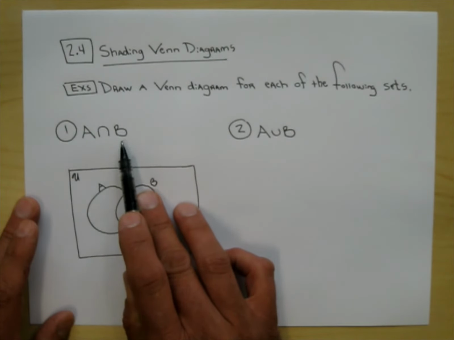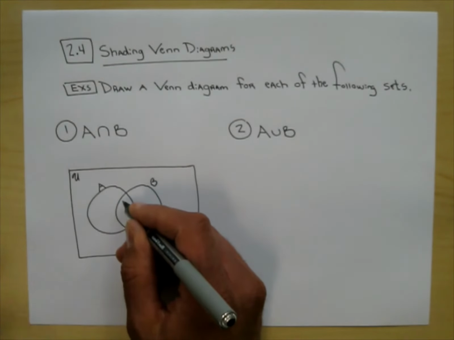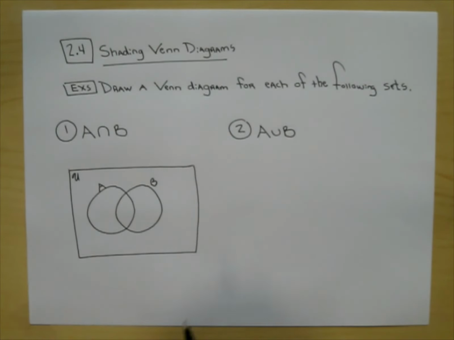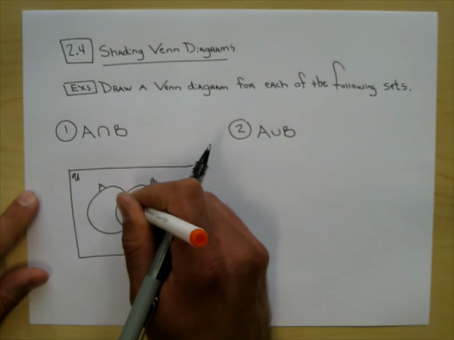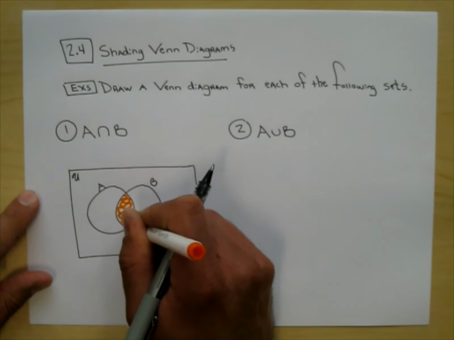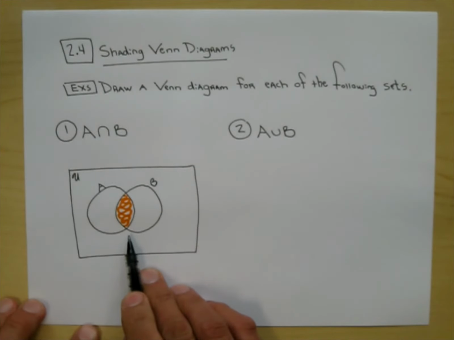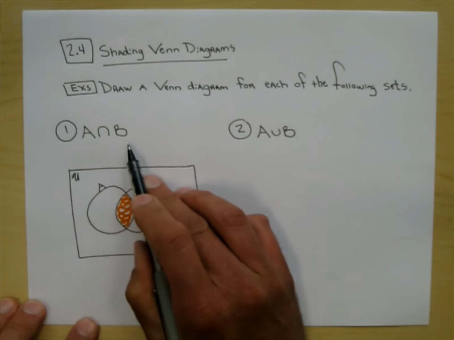So where are you in the A circle and in the B circle? You're in the A circle and in the B circle, right in the middle. So this is the region that gets shaded, and that region represents A intersect B.